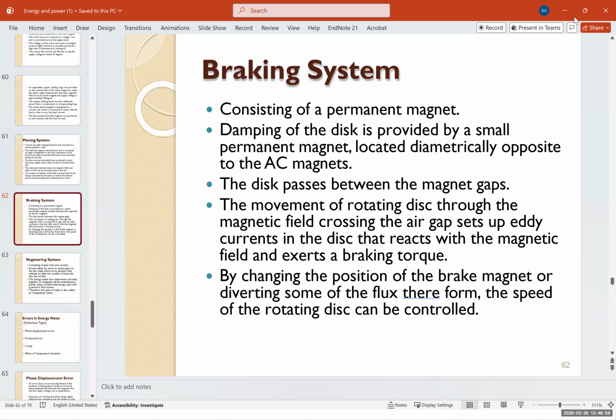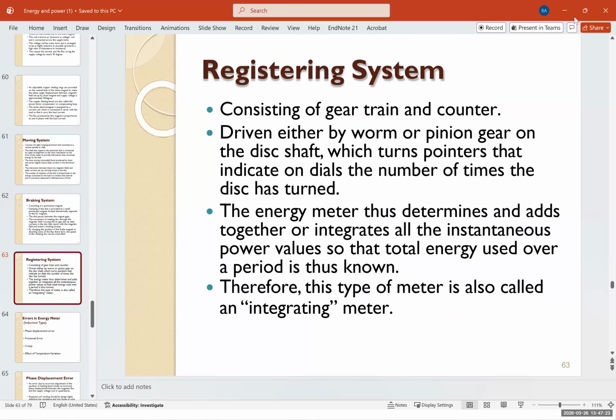The movement of the rotating disc through the magnetic field crossing the air gap sets up eddy current in the disc that reacts with the magnetic field and exerts a braking torque. By changing the position of the brake magnet or diverting some of the flux there, the speed of the rotating disc can be controlled. So basically, it's for calibrating the system, the magnet, and by moving it closer or further, you can calibrate it.